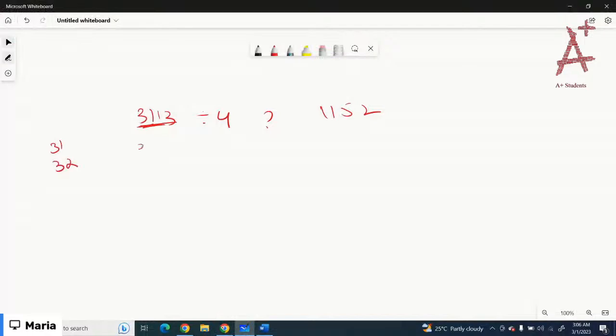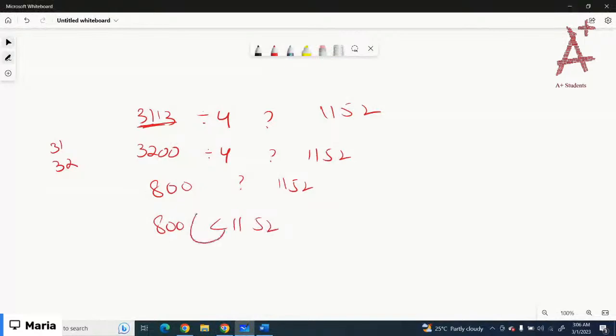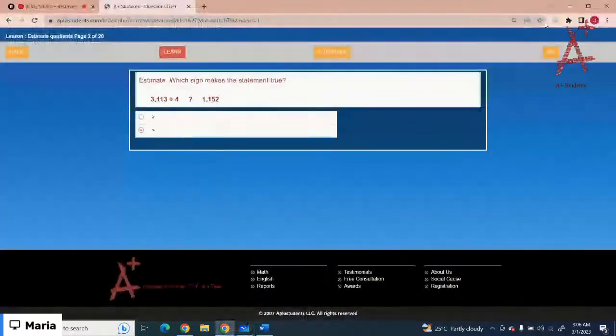That means we can estimate the number to 3200. 3200 divided by 4 is 800. You have to compare 800 and 1152. 800 is less than 1152. So the correct option is less than. Just select the correct option and click on the OK button.